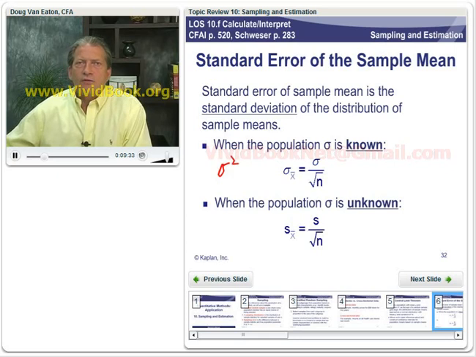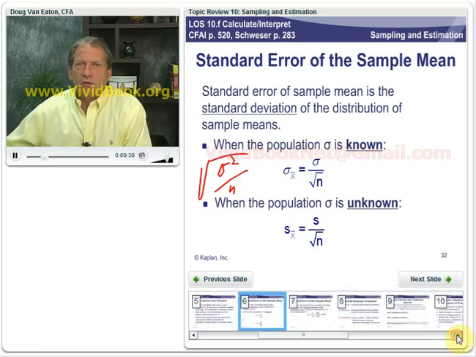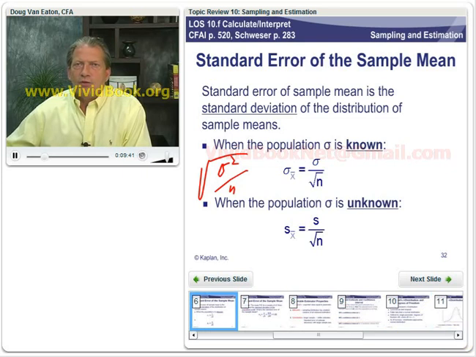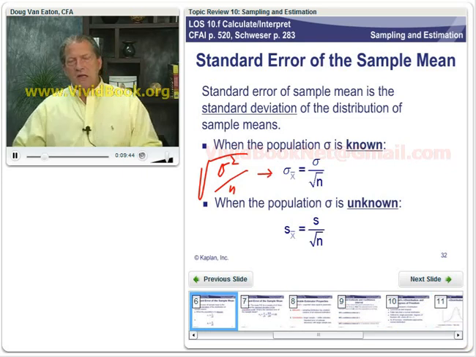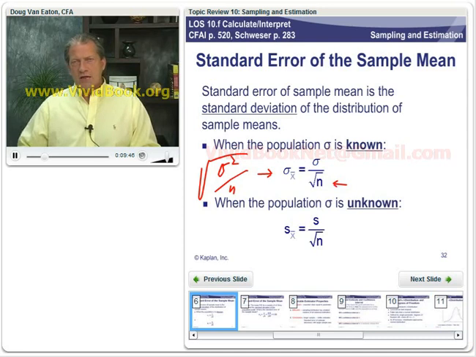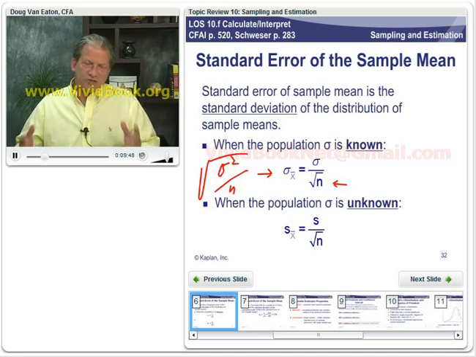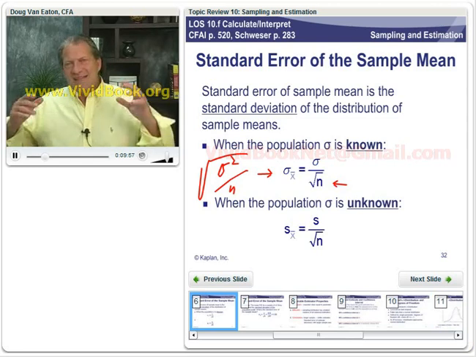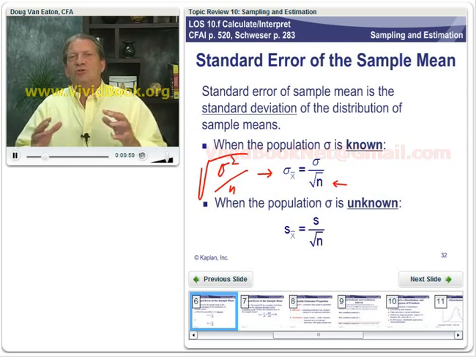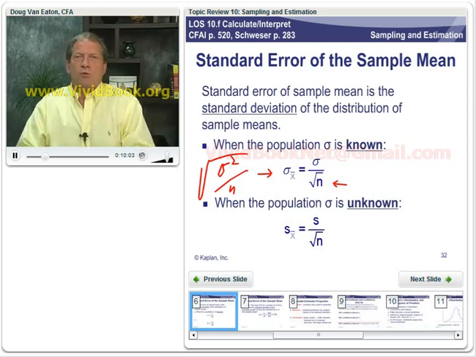So the standard deviation is the square root of that, and that's how we end up with the square root of n in the denominator. Remember, this standard deviation tells us how spread out these sample means are around the true mean. And this just says as n gets larger, that standard deviation gets smaller. Smaller how fast? Divide by the square root of n.